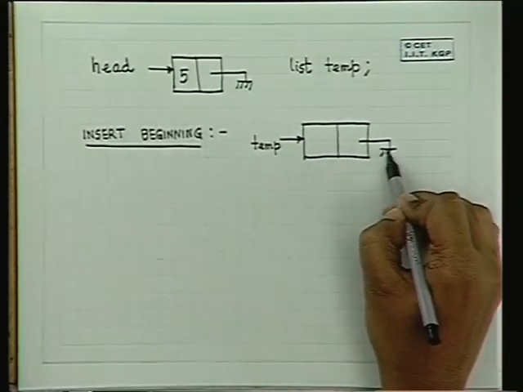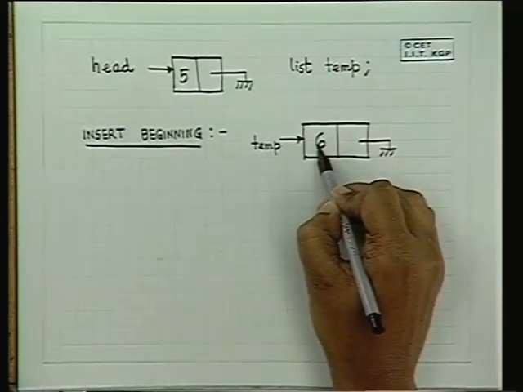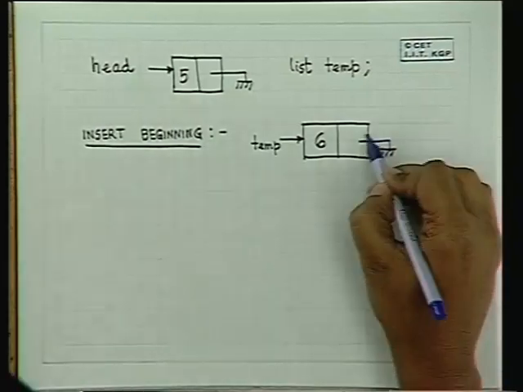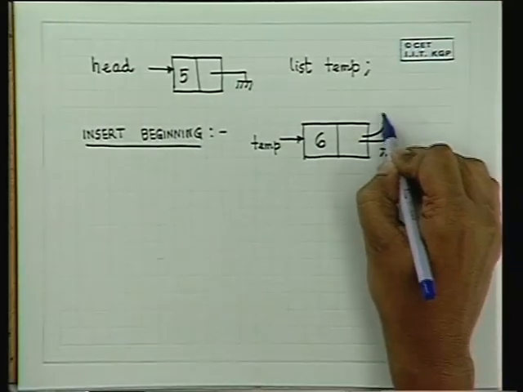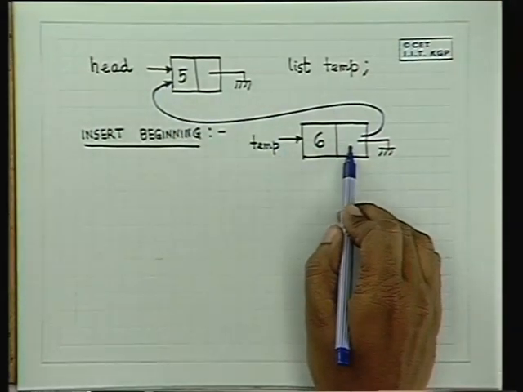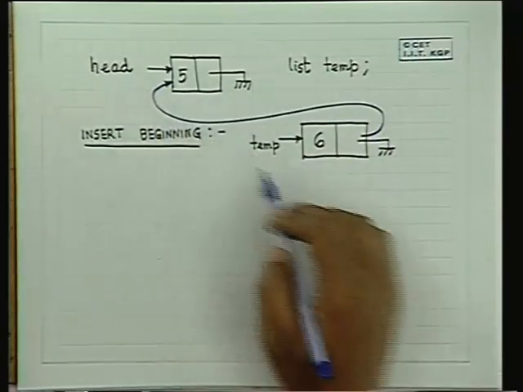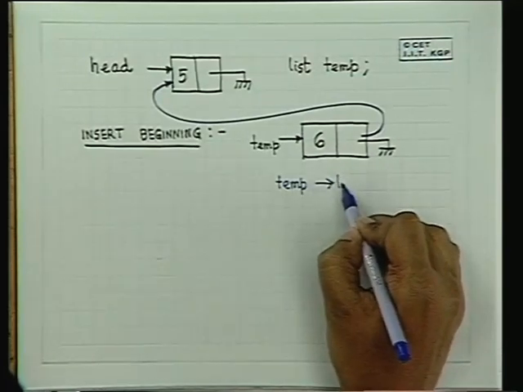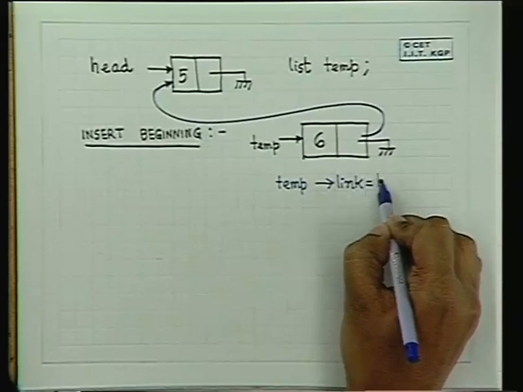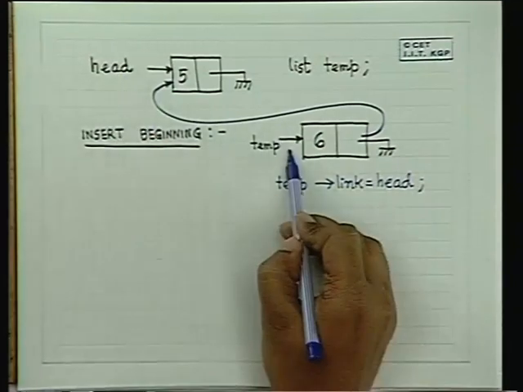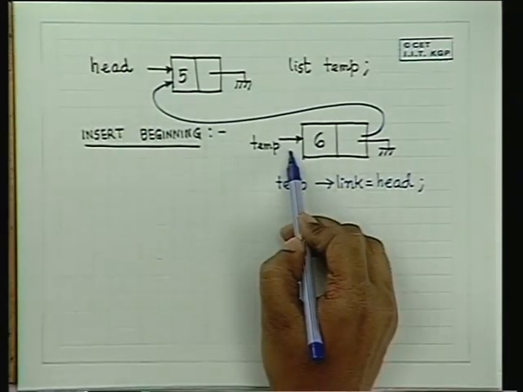We will ground this, we will put in the next data, and then we will do some manipulation. If we want to insert it in the beginning, then this link will be put here, which means temp pointer dot link is equal to head.